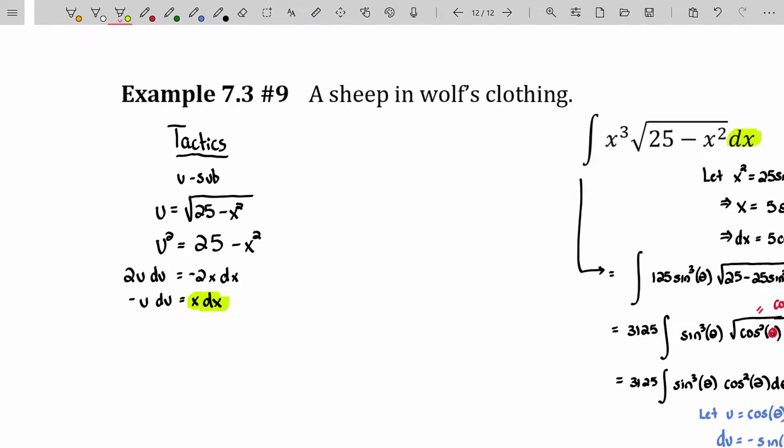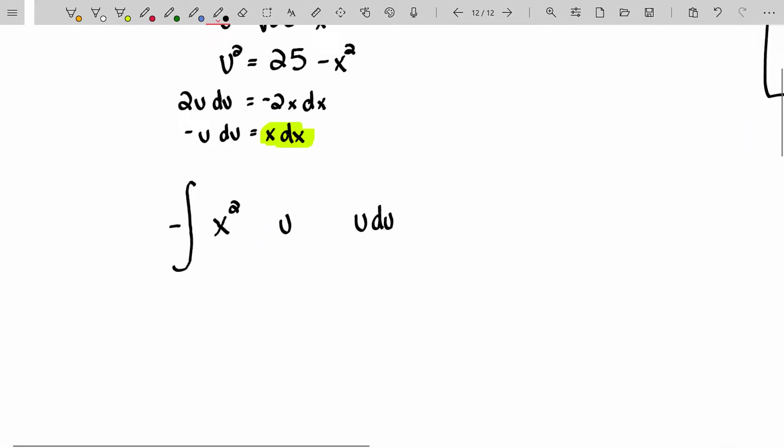And I happen to have a power of x and dx to do that trade with. So our integral becomes, well, I'll steal away a power off of the x. That power combined with the dx will be traded out for a negative u du. Also, that square root of 25 minus x squared, that's just u. And notice how clean this is already.